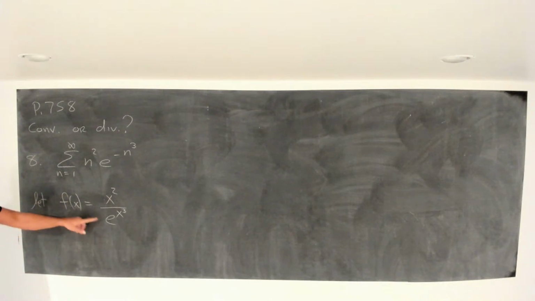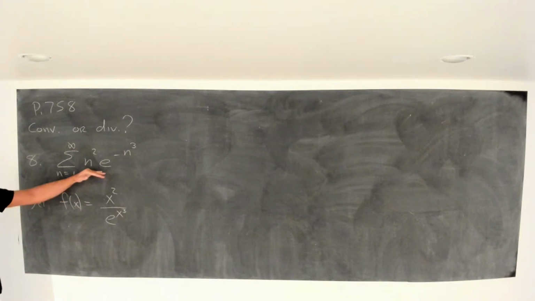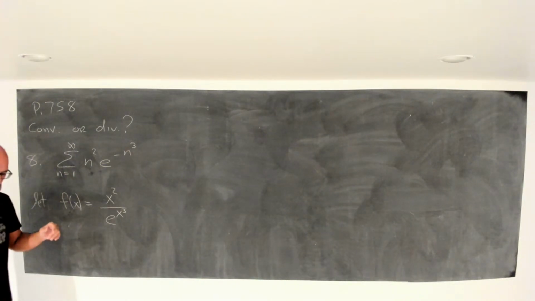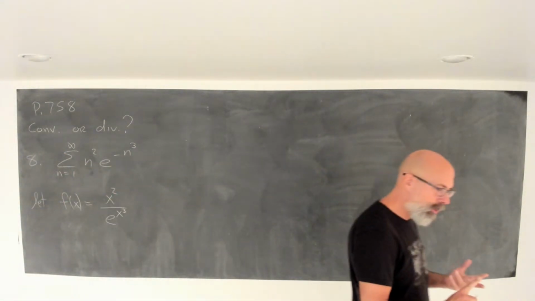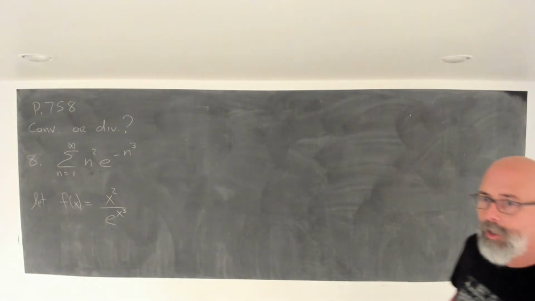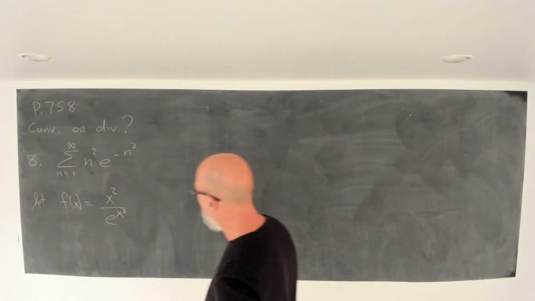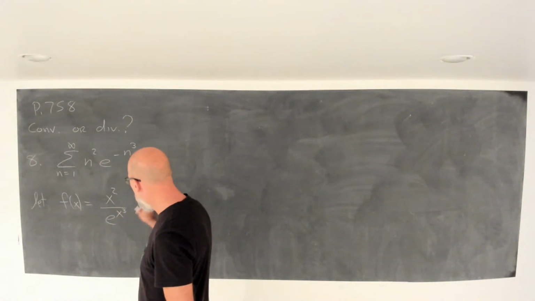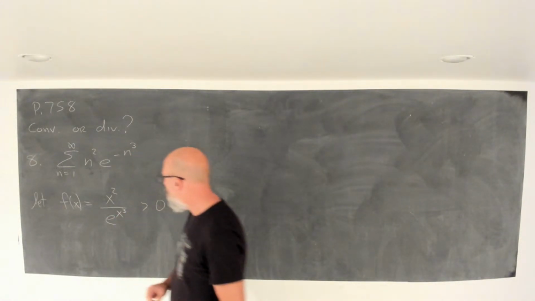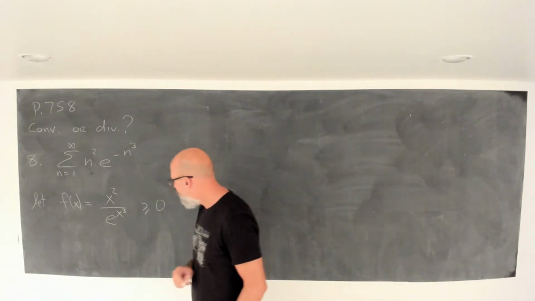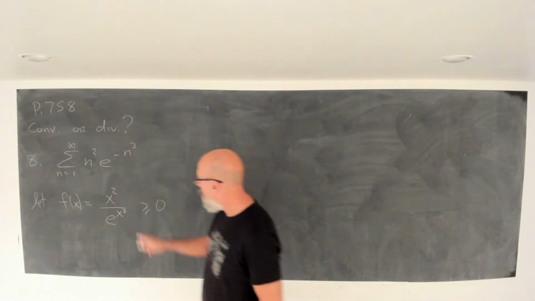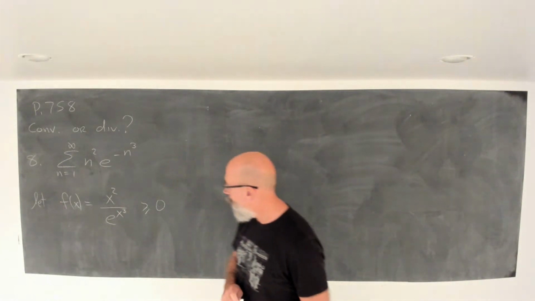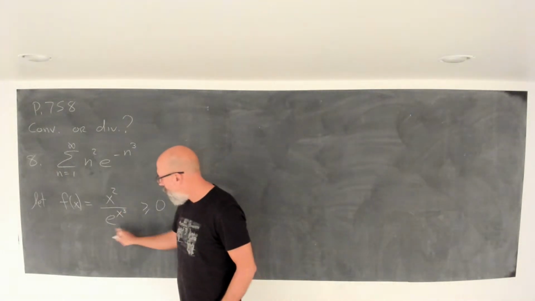For values of n, this function evaluated at n is exactly that. So we're hoping to use the integral test. We have to check that our function is continuous, positive and decreasing on the interval 1 to infinity. And of course, this is clearly seen to be bigger than or equal to 0. Continuous for sure, I mean, it's a quotient of continuous functions, and the denominator is never 0.